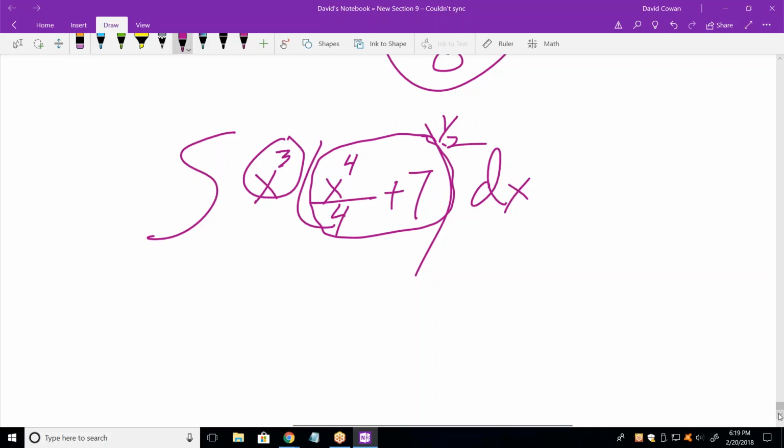Okay. That means that this should be u right there. Because the derivative of u is always going to end up being in the denominator, and it will cancel out the x's when I go to turn it into, in other words, let's just do this one. I'm going to let u equal x to the fourth over 4 plus 7.